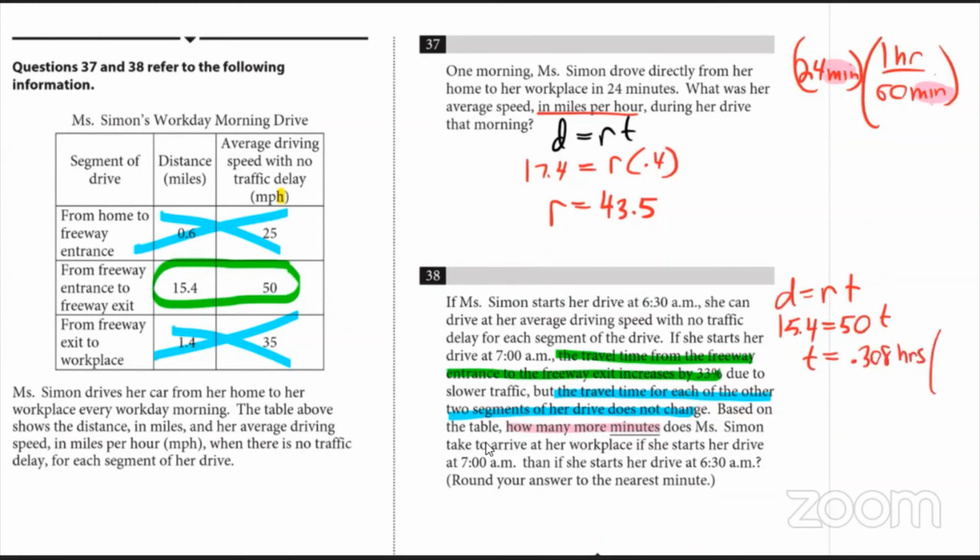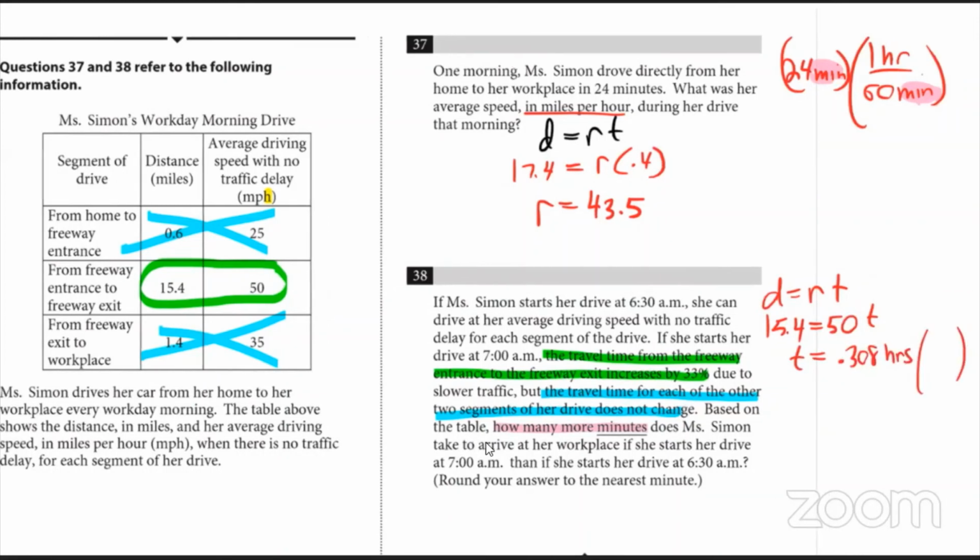And we can go ahead and convert it into minutes right off the bat here. 1 hour is 60 minutes. So 0.308 times 60, the hour unit cancels, gives you 18.48 minutes.